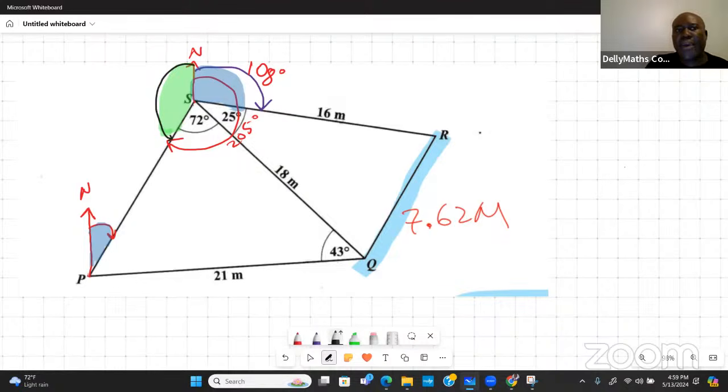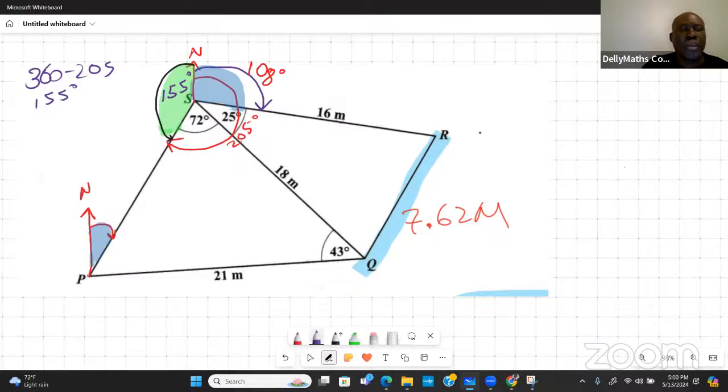Then I'm going to use co-interior angles to work it out. So 360 degrees, take away 205. Let's subtract that: 360 minus 205 is going to give me 155 degrees. That's not the answer to the question. It is this angle here that would have completed that 360.